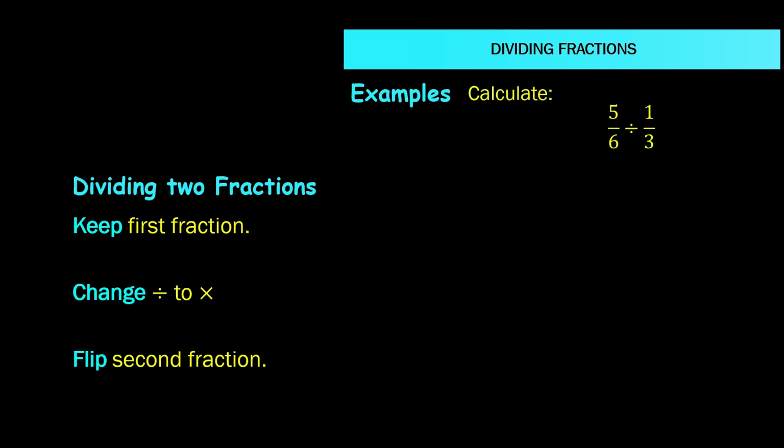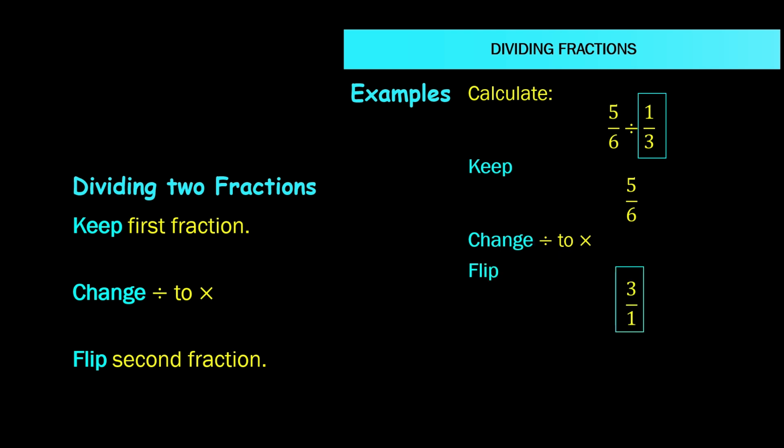Now let's calculate 5 over 6 divided by 1 over 3. So, do you remember the steps? Remember, we keep 5 over 6, then we change divide to multiply, and then we flip. So 1 over 3 becomes 3 over 1. And finally we multiply.